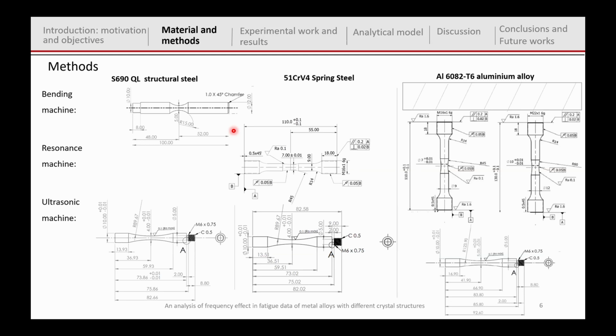However, for the ultrasonic machine, the geometry needs to be a bit different because of the working principle of the machine. And in case of the aluminum alloy, we only tested specimens for the resonance machine and for the ultrasonic machine. As you can see here, we have some dashed lines for the bending machine because we were not able to test at lower frequencies.